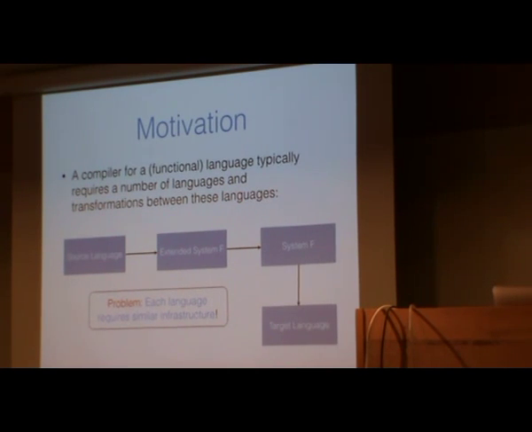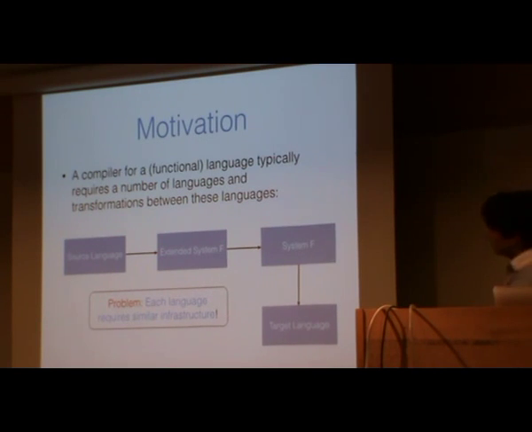This is a typical architecture. In the current compiler that I'm developing, we have maybe 5 or 6 languages involved. What often happens is that many of these languages tend to be subsets of each other. You have a larger language, the source language, then something smaller, then something even smaller, and you make a number of transformations along the way.